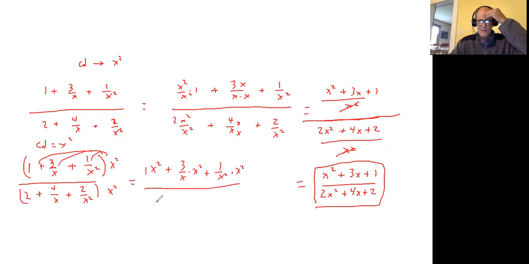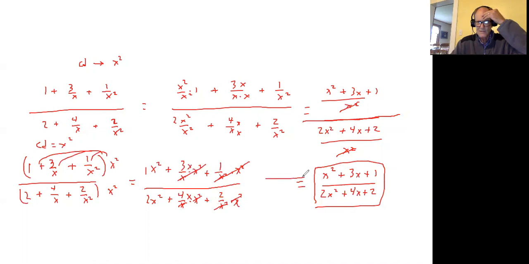And all of that is over 2 times x squared plus 4 over x times x squared plus 2 over x squared times x squared. Now notice, these cancel. This cancels and I end up with an x. This cancels and I end up with an x. And these cancel. And here we go, 1x squared plus 3x plus 1.